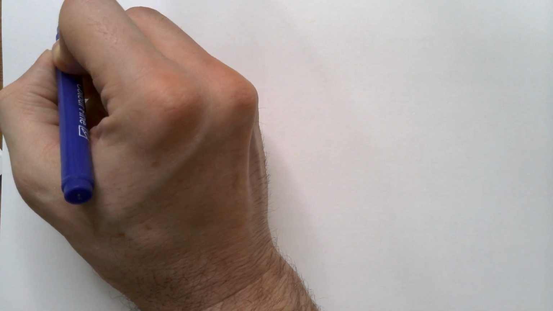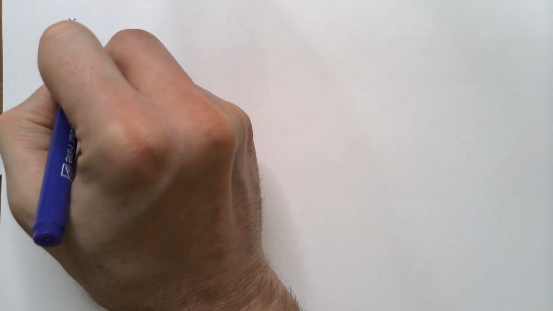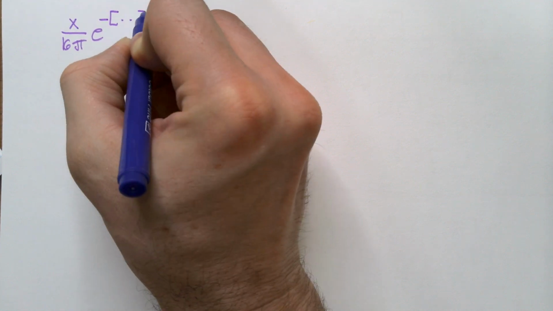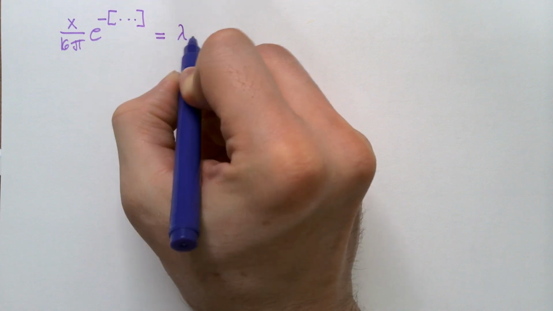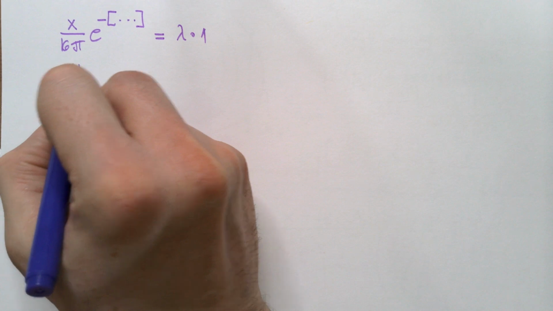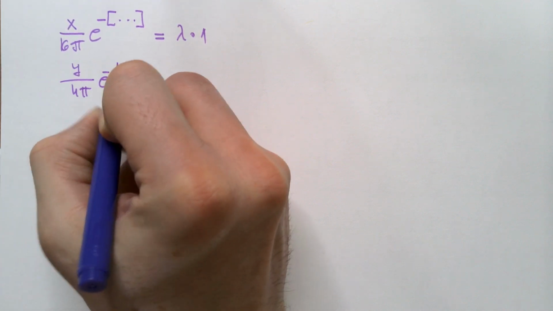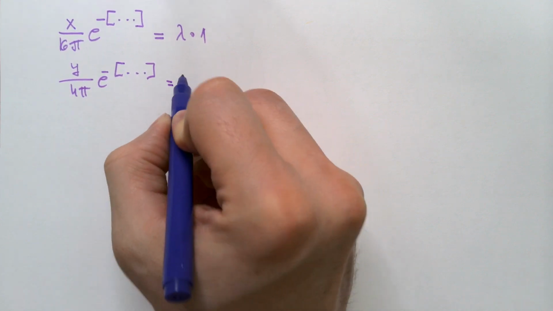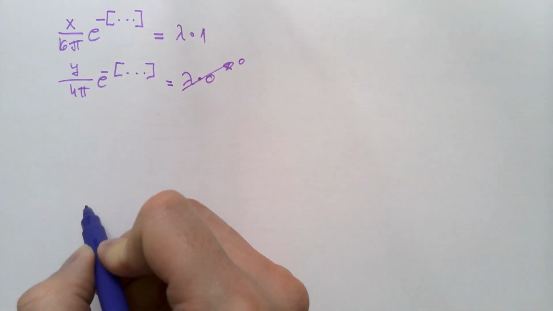Our first equation is x divided by 16 pi times e to the negative factor in the brackets is equal to lambda times 1. The second equation is y divided by 4 pi e to the negative factor in the bracket is equal to lambda times 0, which of course is 0.